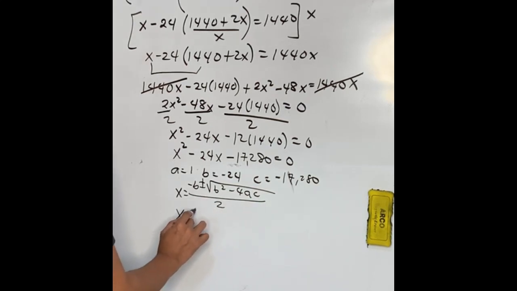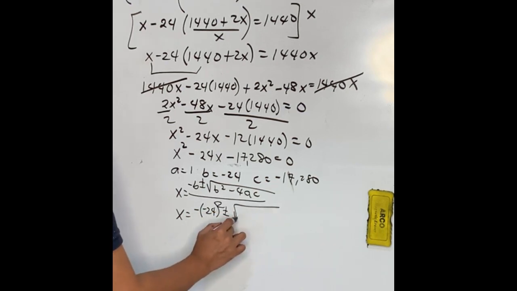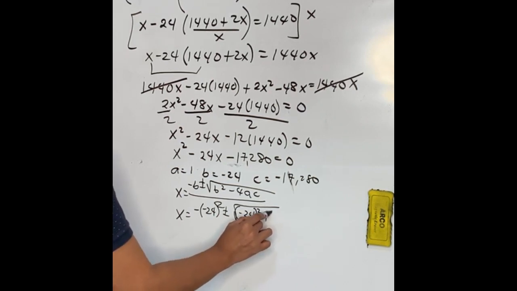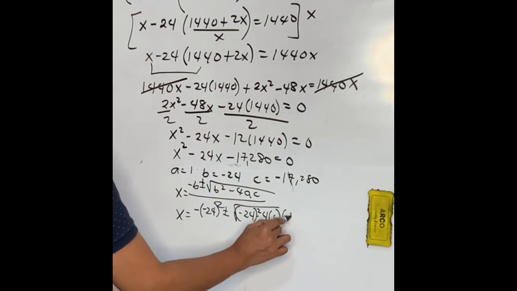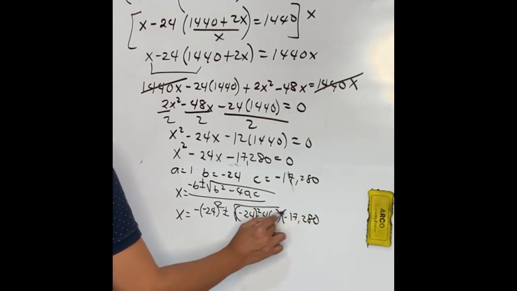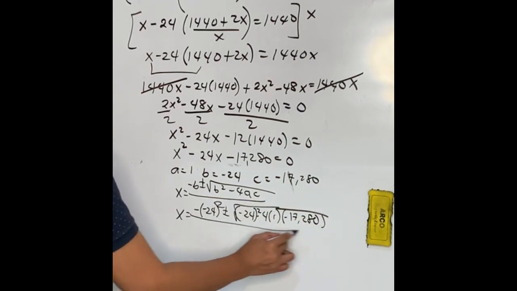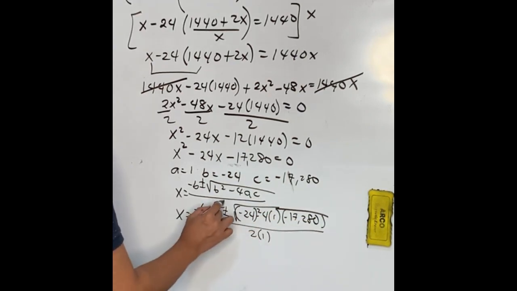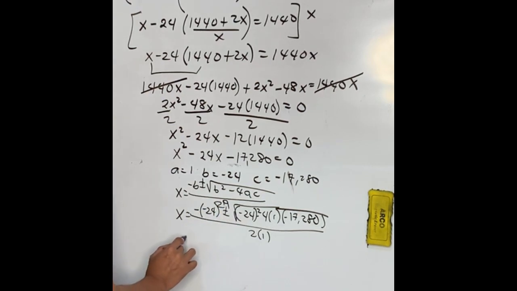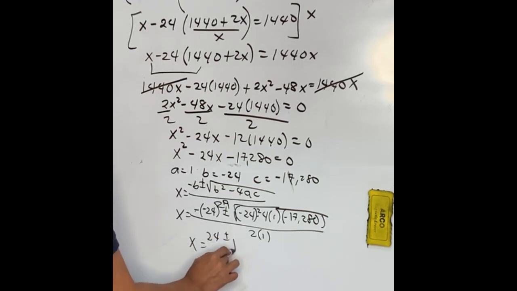So, x is equal to negative of negative 24, plus or minus the square root of negative 24 squared minus 4 times a, which is 1, and c is negative 17,280, all over 2 times 1. So, x is equal to negative of negative 24, which is 24, plus or minus the square root of 69,696, all over 2.